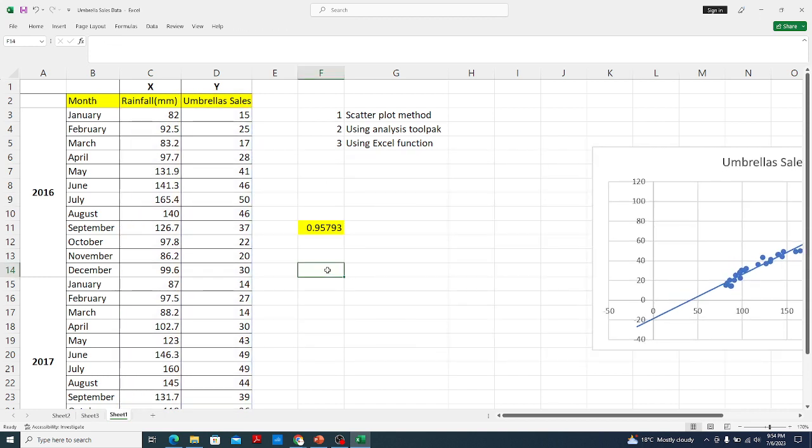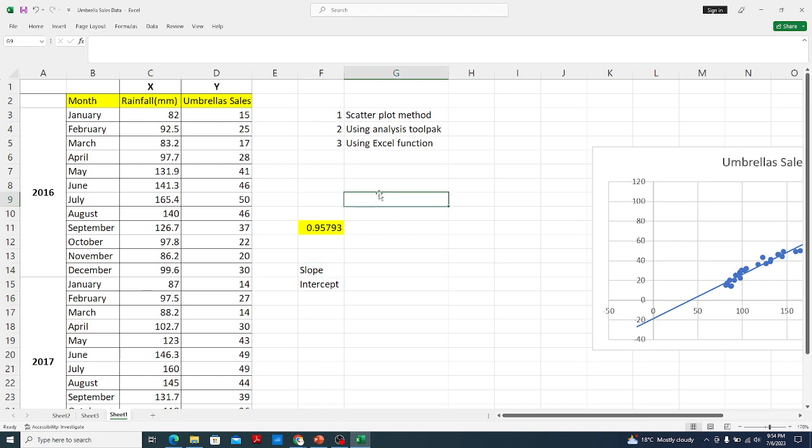So here we need slope, we need intercept, and we also have another function which can give us both.